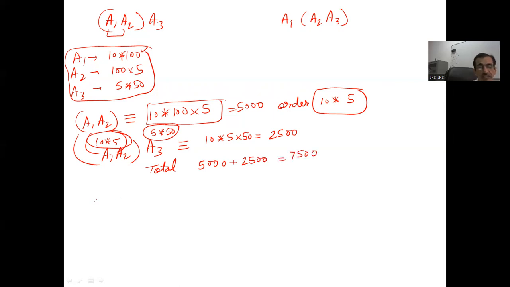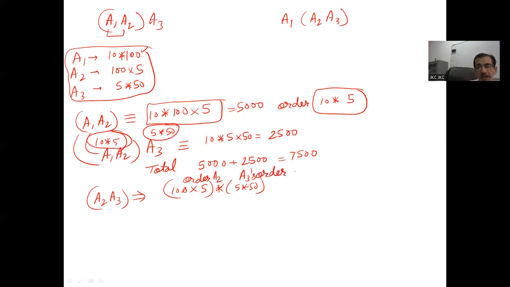On the other hand, if I multiply A2, A3 first, A2, A3 multiplication will mean 100 into 5 being multiplied with a matrix of 5 into 50. This is A2's order, this is A3's order.